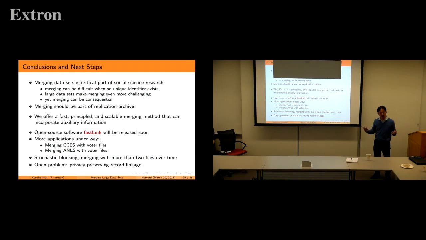It's unclear. We actually face this situation because CCES doesn't want to reveal their respondents' names and addresses. I don't really want to give out L2 data as well. But we want to merge. Well, at least I want to merge. Then how would you do that in a way that's secure and ideally you want to do it over the internet?